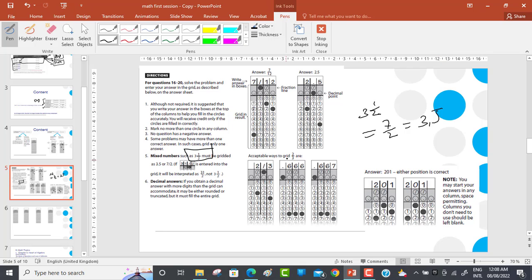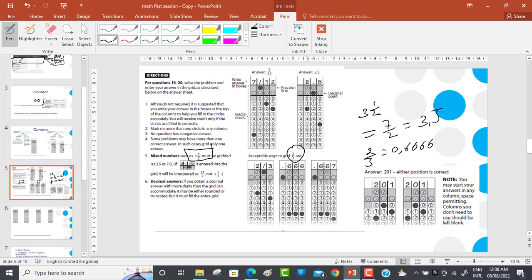If you have 2/3, you can grid it as a fraction, or as a decimal. As you know, 2/3 is 0.66666. You can grid it as 0.666 or 0.667. Both answers are correct, and there is no problem where you start your answer.